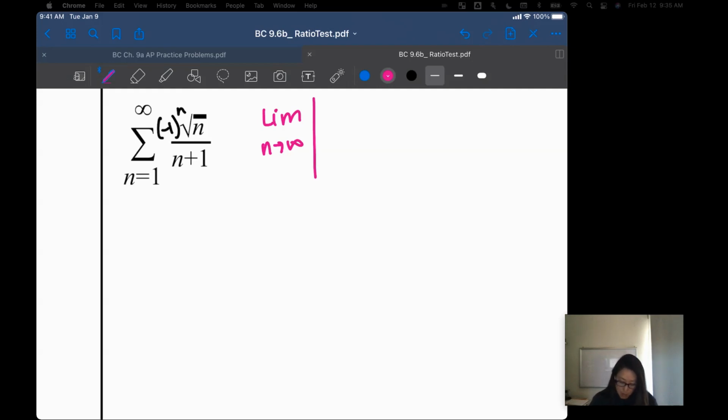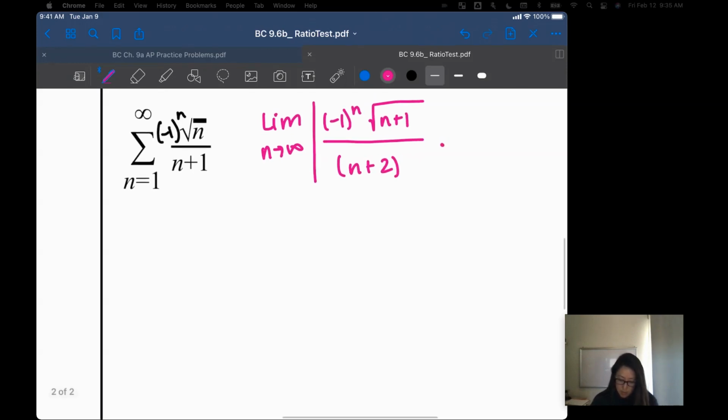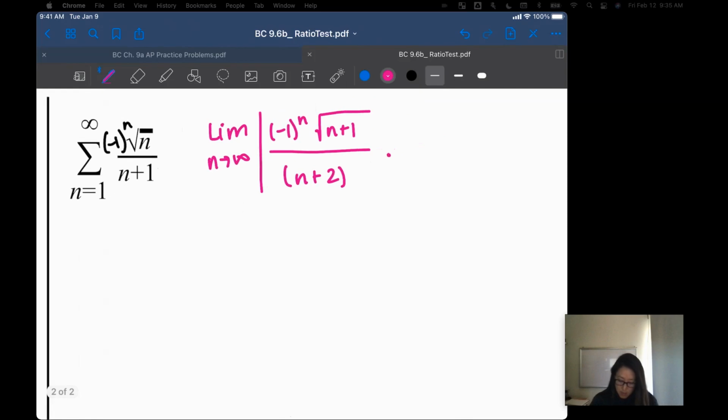So I can put negative 1 to the n plus 1 times the square root of n plus 1 over n plus 2, times the reciprocal of a sub n, which is negative 1 to the n times n plus 1 over the square root of n.